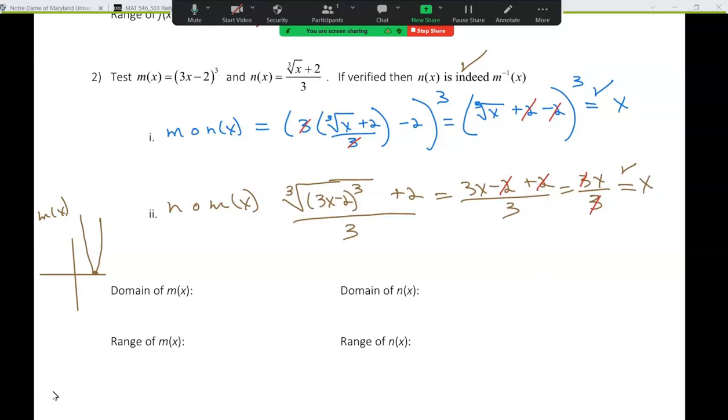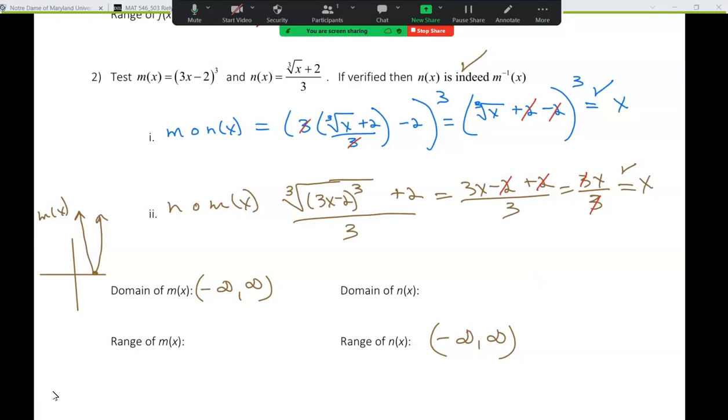So what's the domain? Well, the domain of any parabola is always negative infinity to infinity. That's the domain of m of x, and that is the range of n of x. What about the range of m of x? So you're going to start where? So think about that. Where are you starting?